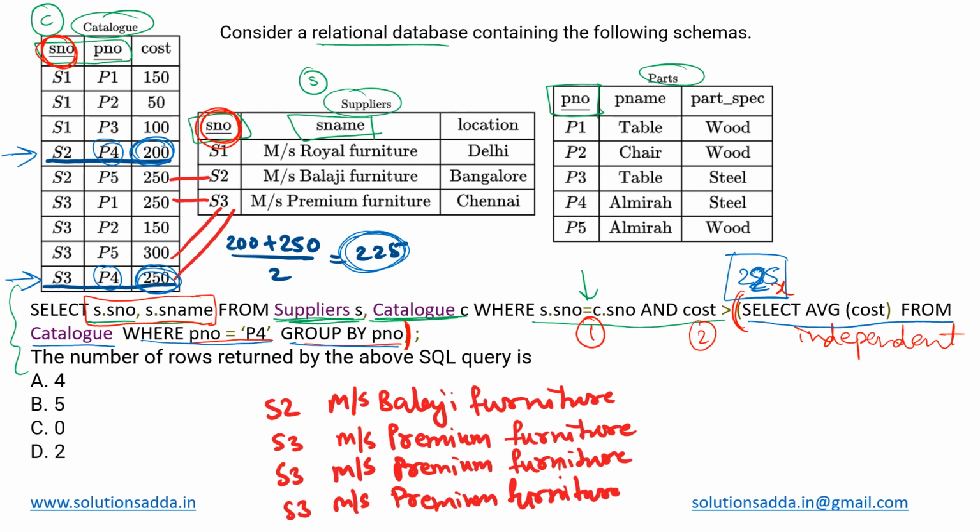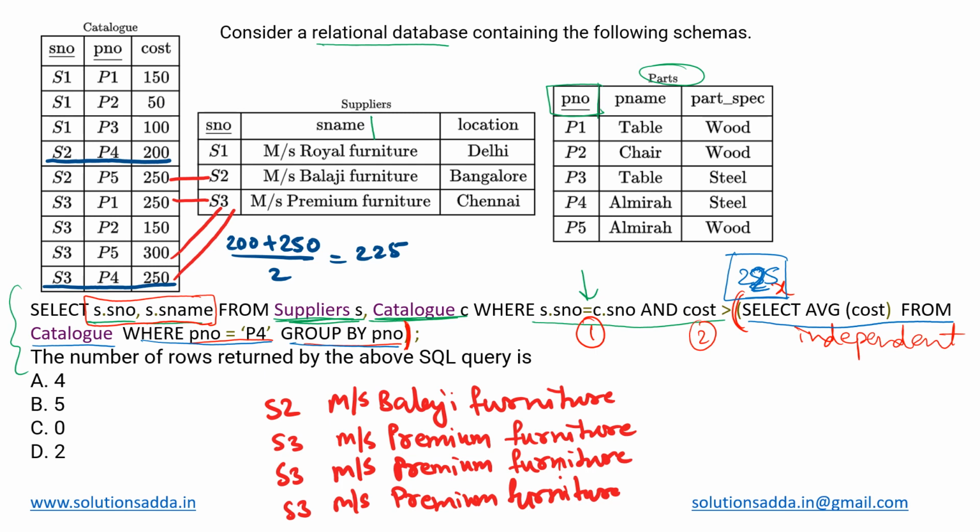So now we have got two joining conditions. First one is that both the tables must have same supplier number or S number, and the second joining condition is that the cost must be greater than 225. So now based upon these two, let us perform the join between the two tables. So what are the tuples that satisfy all of the given conditions? Let us check out.